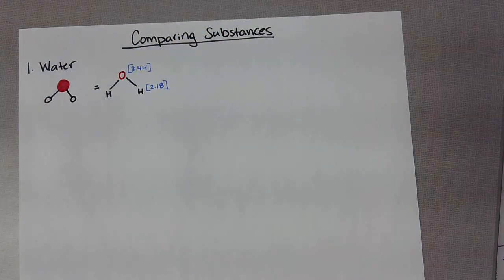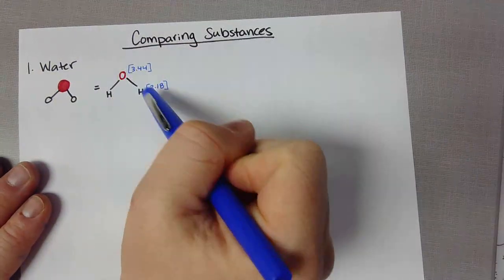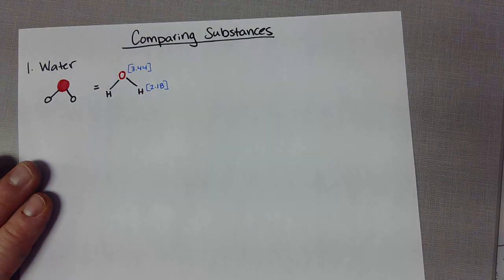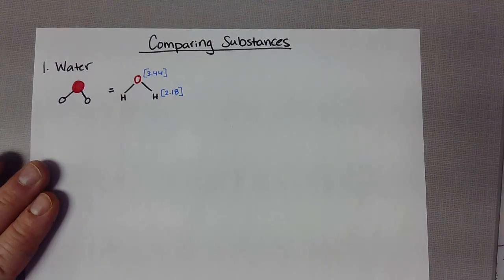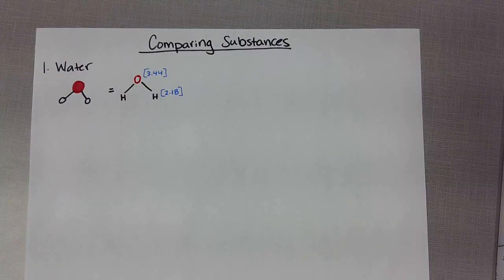Now, I only need to look it up for each unique bond. So I only have one type of bond in water. I have an oxygen to hydrogen. The fact that that bond repeats, and I have two of them, is not significant when identifying the bond type. I only have one type of bond. It's between the element oxygen and the element hydrogen.